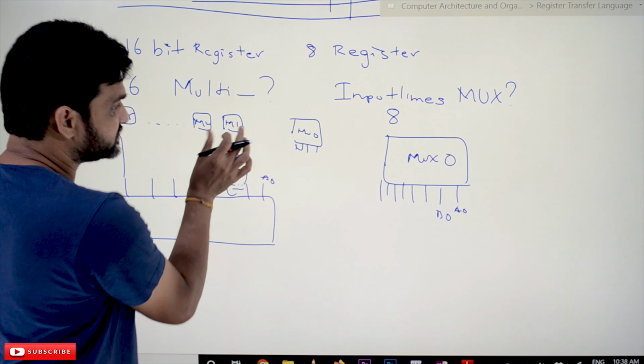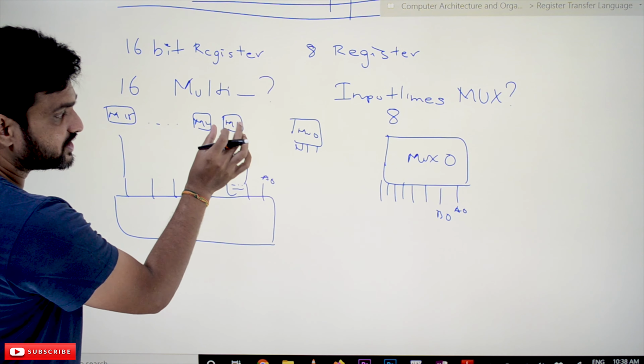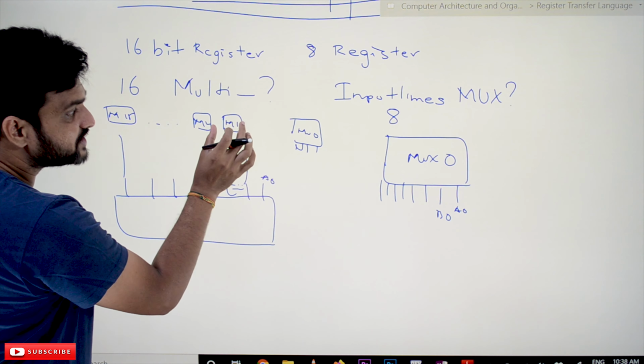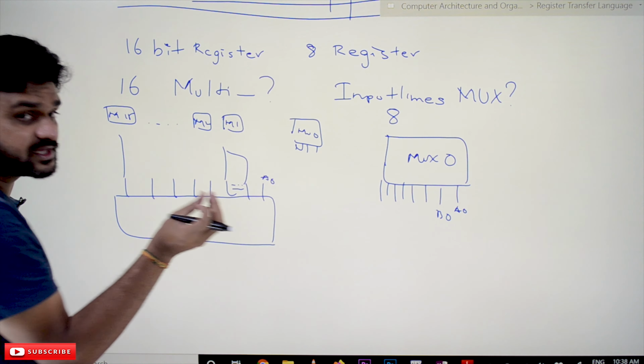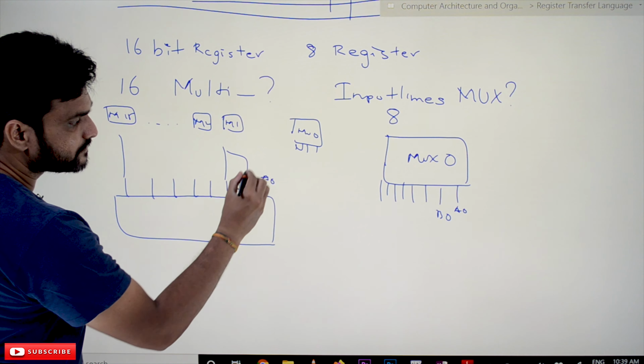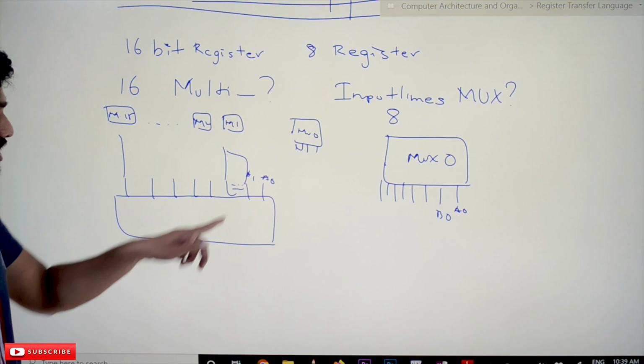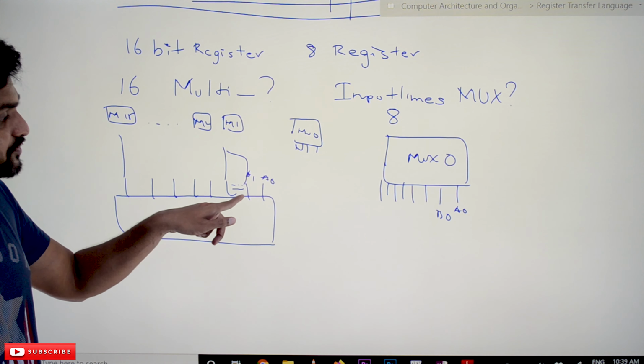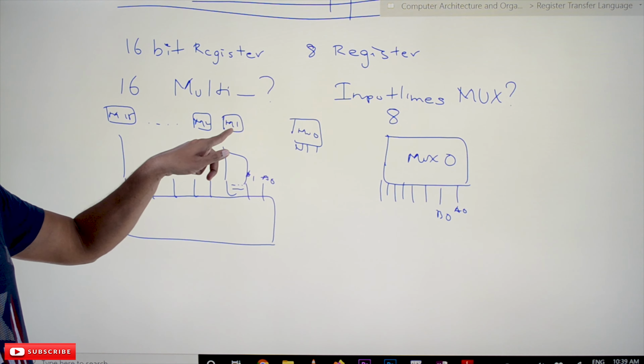Similarly, to this multiplexer M1, all the first outputs A1, B1 and so on, all the first output values will get connected to this multiplexer.